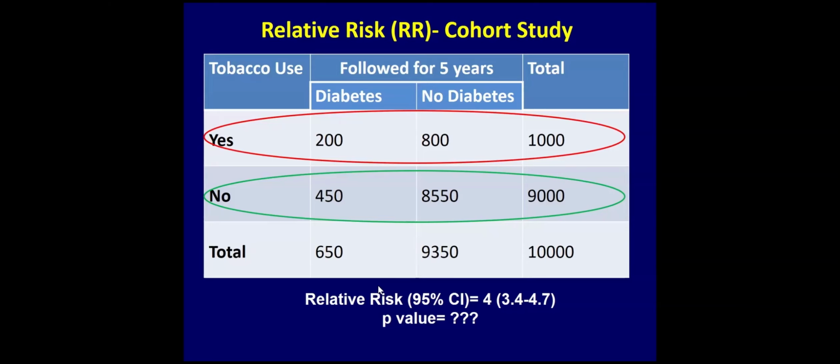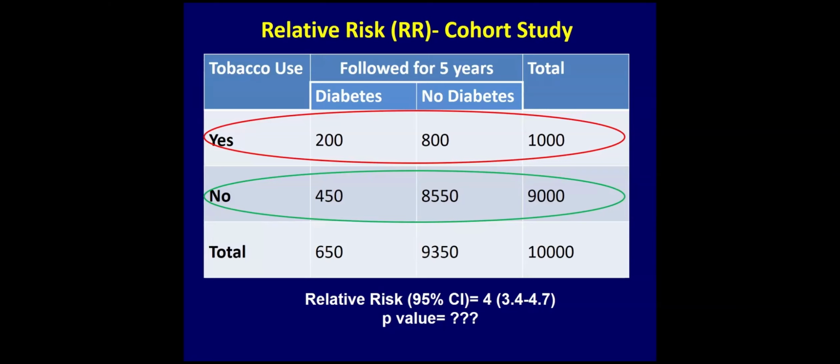If at all the relative risk was 0.8 to 4.7, then what will happen? I am 95% confident that the chance of those who are using tobacco developing diabetes over 5 years may be 0.8 times that of those who are not using tobacco, or as high as 4.7 times.